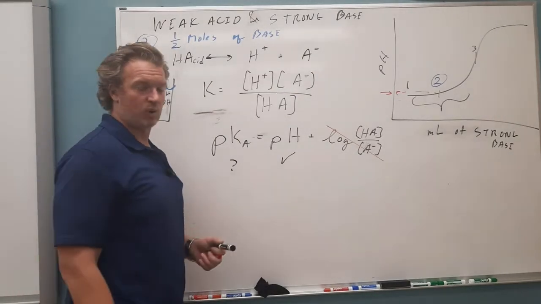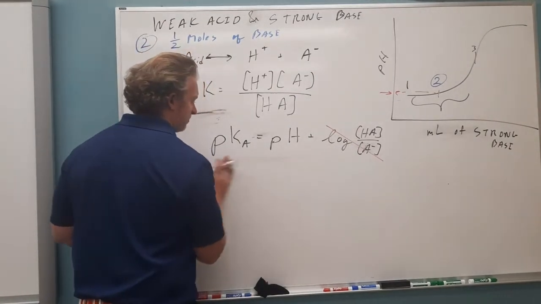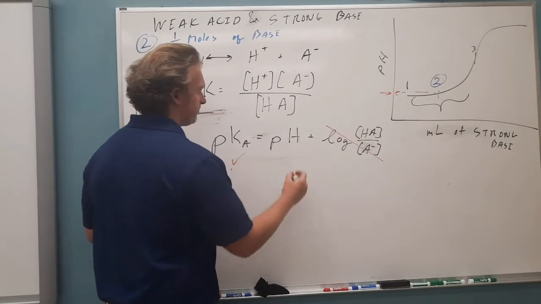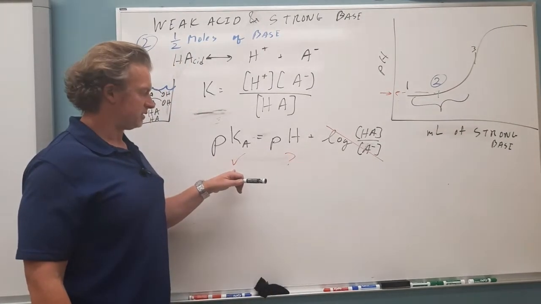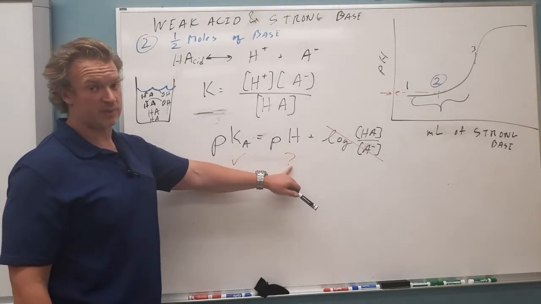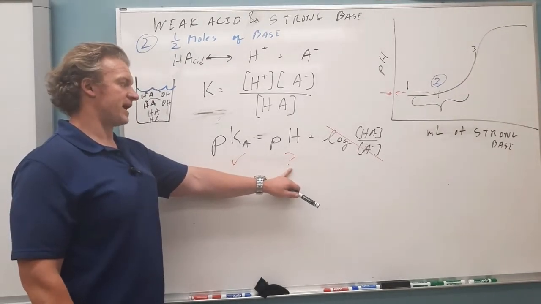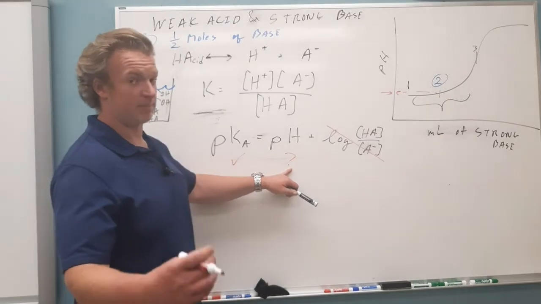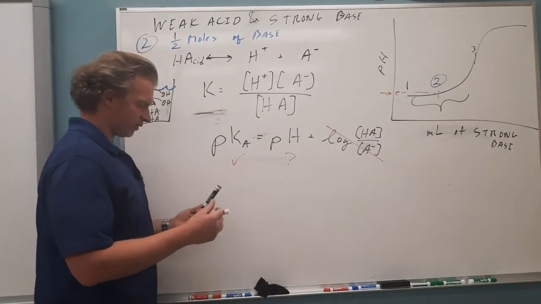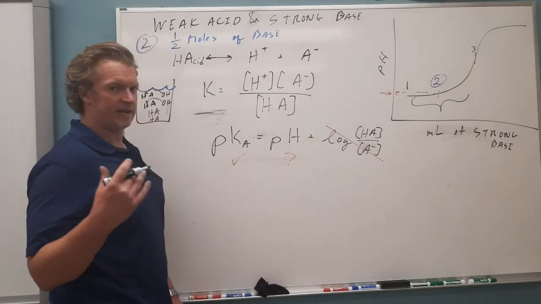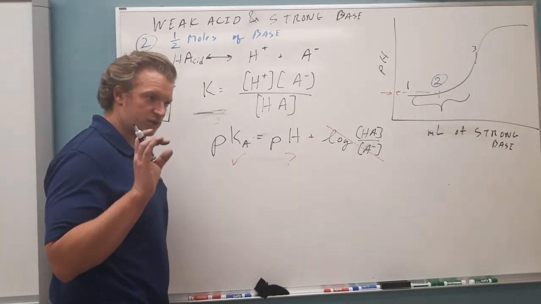The other way this question would be asked is kind of a flip-flop. Here's the pKa of a known acid. What should the pH be? And this question could be asked in a theoretical, planning situation. So if you're given the pKa, for example, the Ka for acetic acid is a known number.